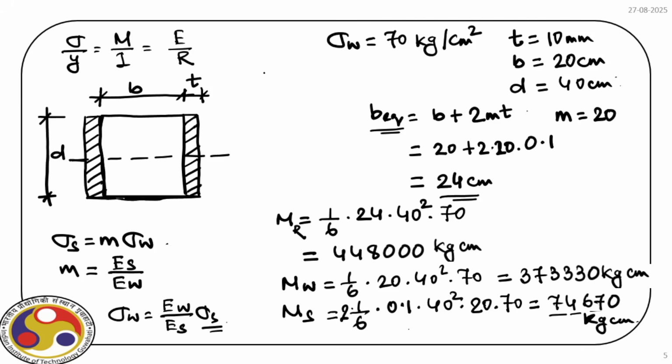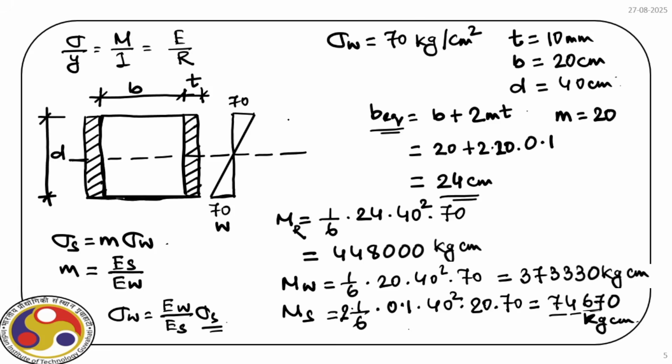Now if we draw the diagram of the stress distribution, for wood we have 70, so this is for wood.